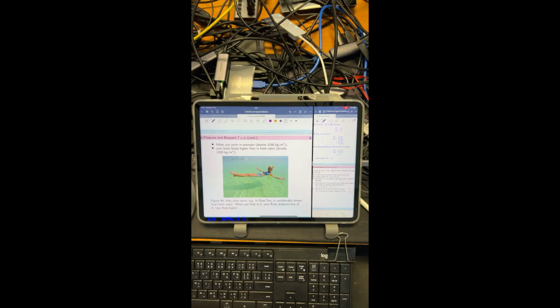I don't know the reason why they call it the Dead Sea, but the density of this seawater is very, very high because it contains so much sodium chloride, the salt inside here. That's why it has more density than typical seawater.